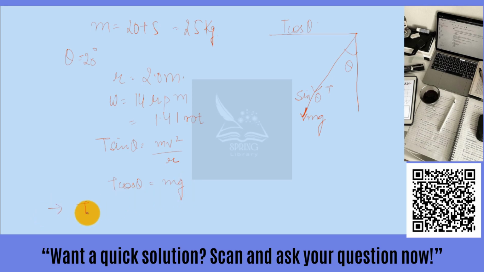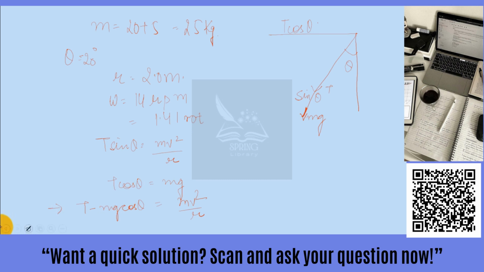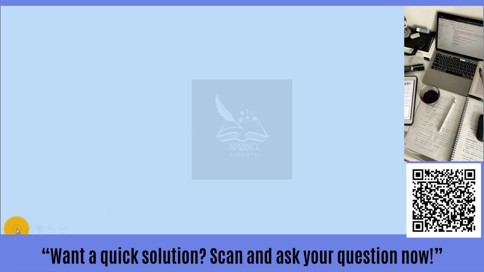Now T minus mg cos of theta is equal to mv square upon r.